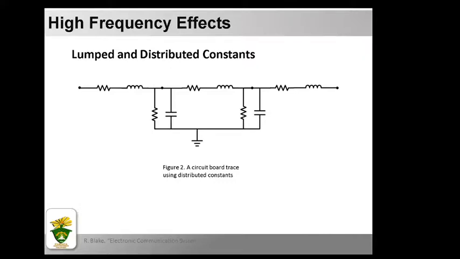We can often approximate these distributed constants by a few lump constants with reasonable accuracy. But you need to remember what is really happening, because some problems can be solved using distributed constants. So this figure gives you the idea of how an ordinary circuit board trace might look when analyzed this way.